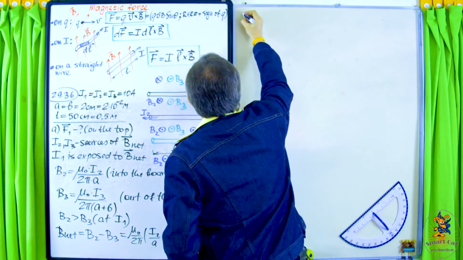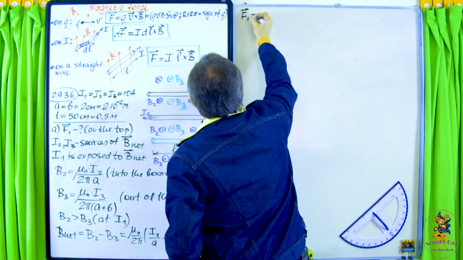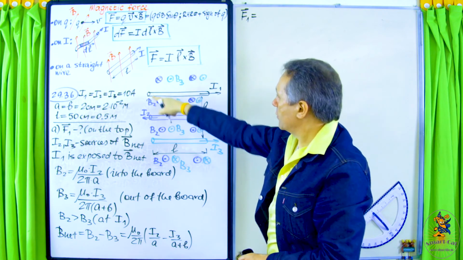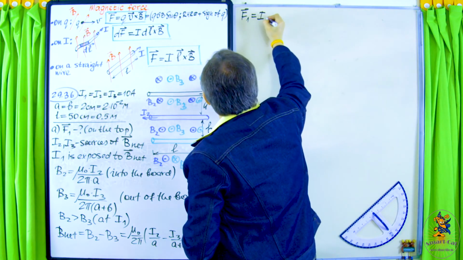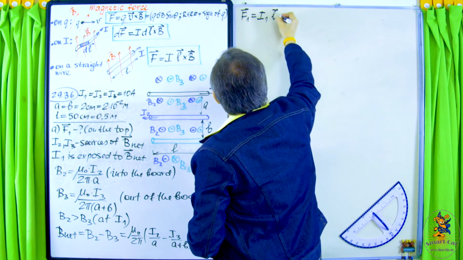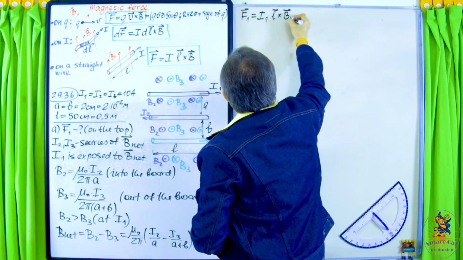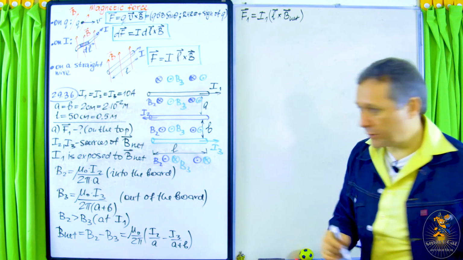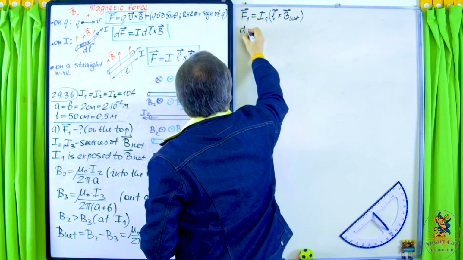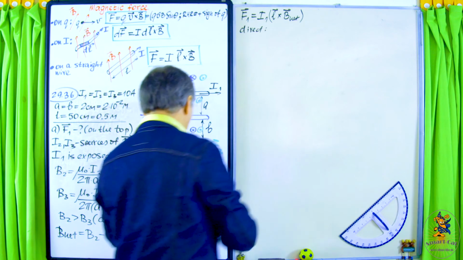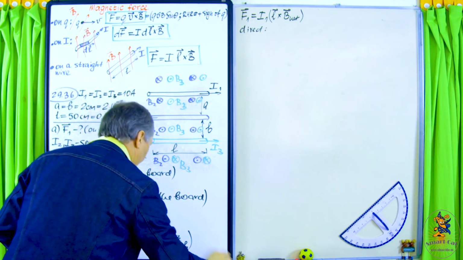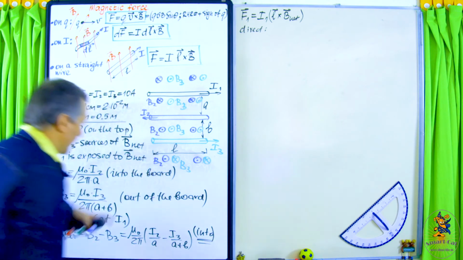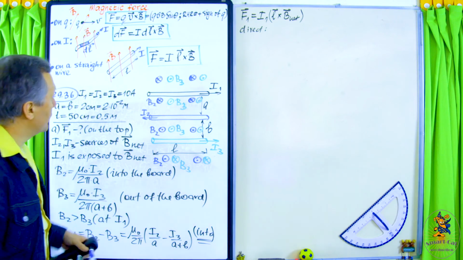So now F1 equals I1, because that's the wire which experiences the force, I1 L cross B net. Okay, so let's first find the direction. B net, of course, is into the board, determined by the strongest field B2.